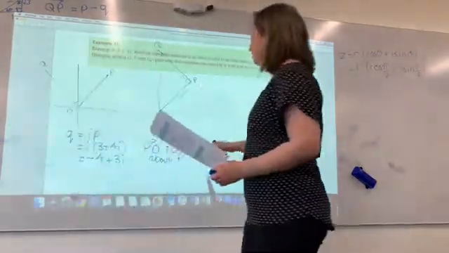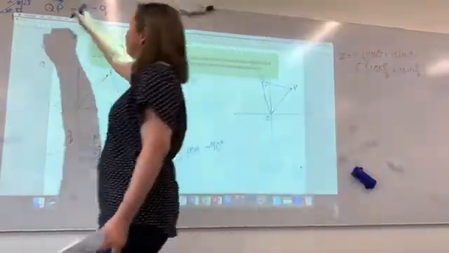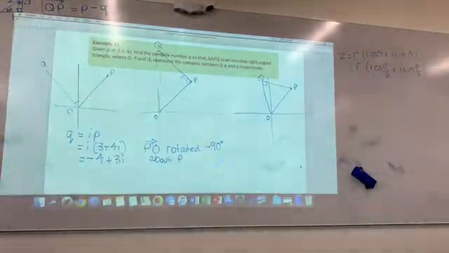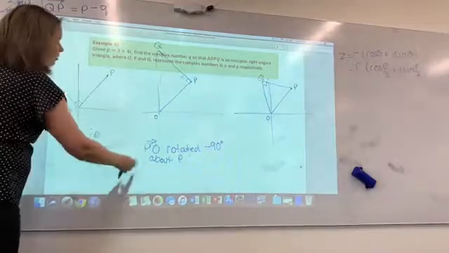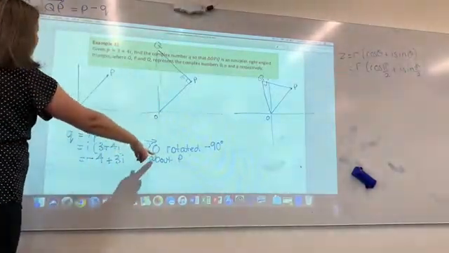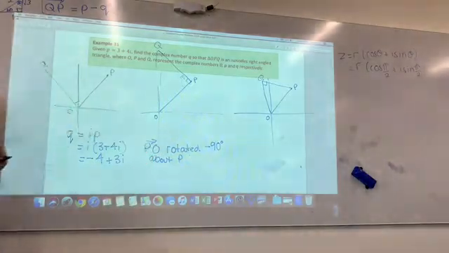So P to O, now that's when I said, remember this one I wrote up here before? This is important. P to O is just going to be O minus P, other way around.